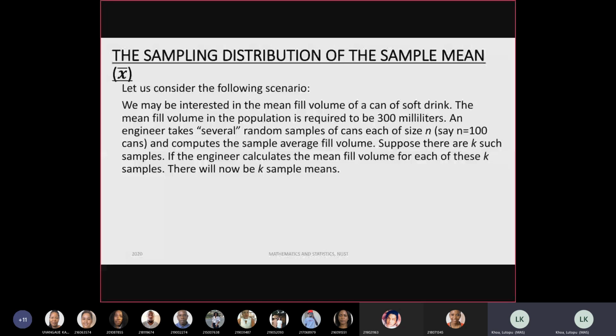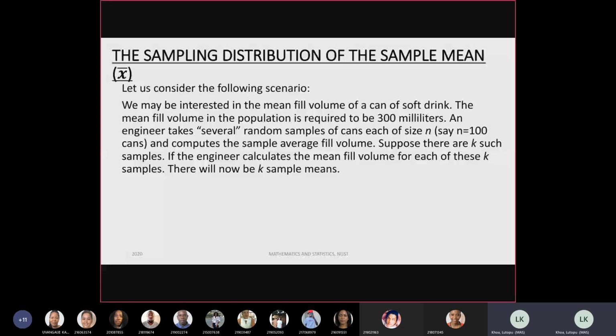An engineer takes several random samples of cans, each of size n, let's say for example 100, and computes the sample average fill volume. Suppose that there are k such samples, then if the engineer calculates the mean fill volume of each of these k samples, there will now be k sample means.